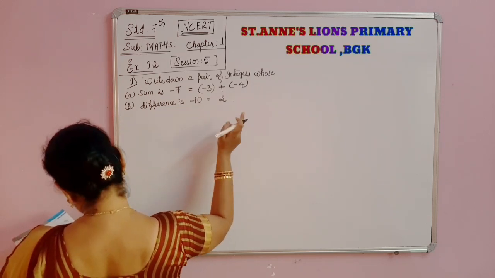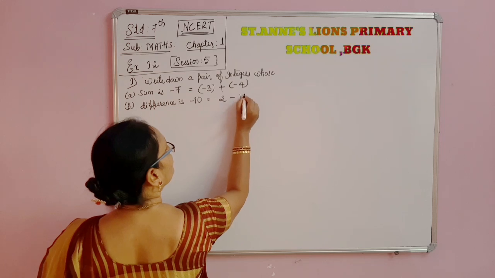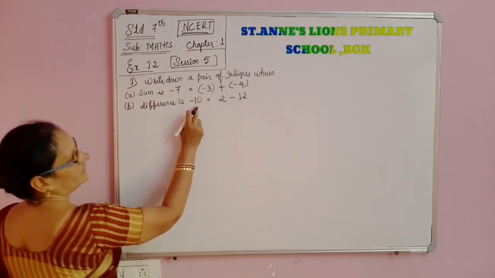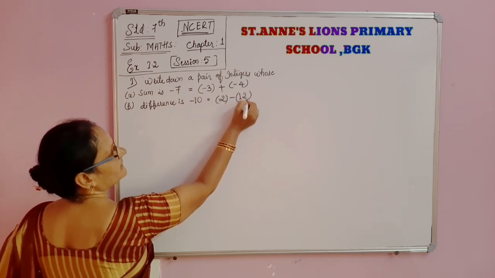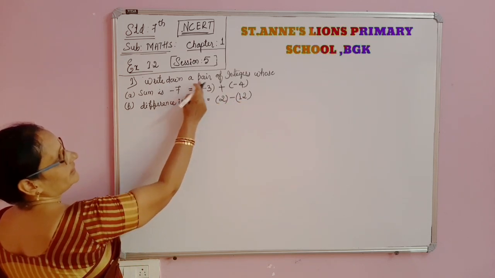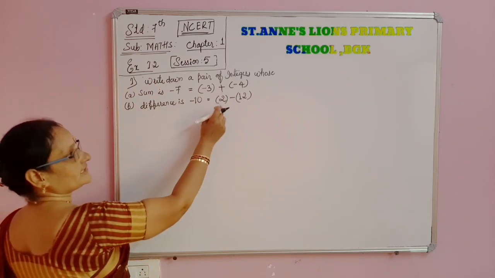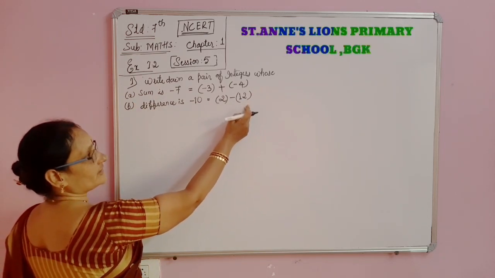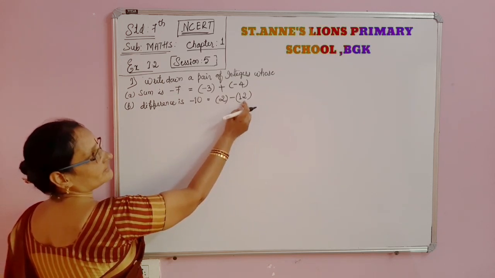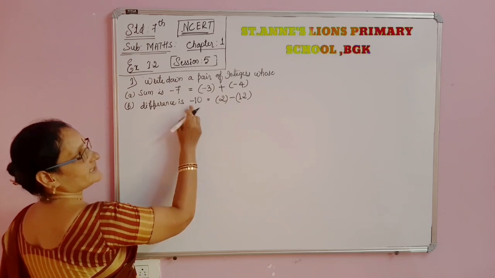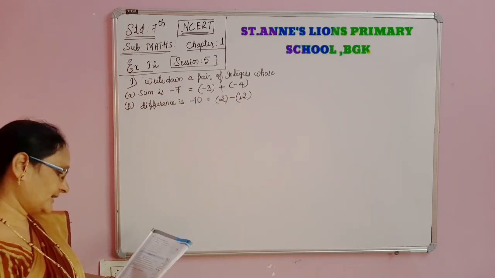Their difference is minus 10: 2 minus 12. If you want, you can put it in brackets. They didn't ask positive only or negative only. 2 is also an integer, 12 is also an integer, but their difference must be minus 10. Here see, 12 minus 2 is 10. The bigger number's sign is minus. So like this you have to choose the numbers for the correct answer.